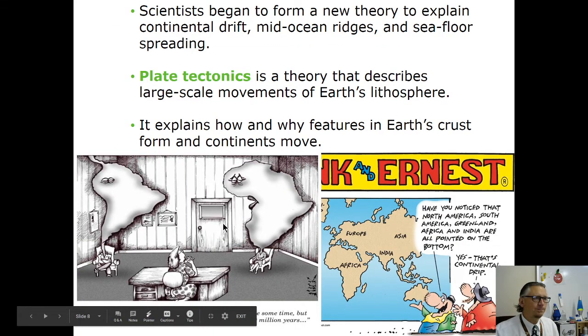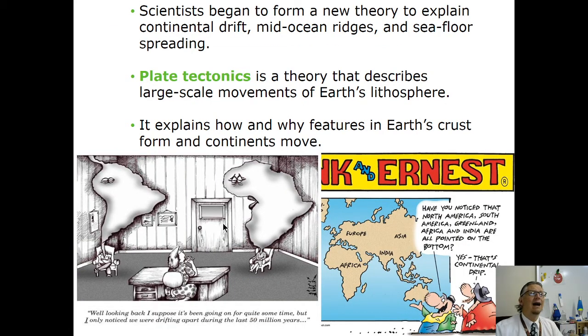Okay. So plate tectonics is now a theory. So now we have the idea that our oceans are getting bigger. We have mid-ocean ridges where new oceanic crust is coming into play. We have trenches where we think oceanic crust is being recycled.